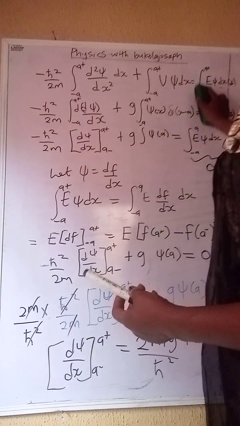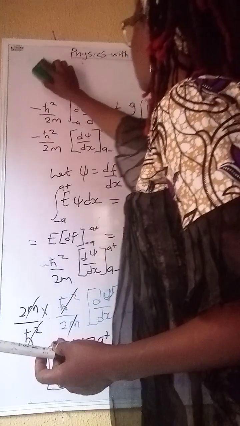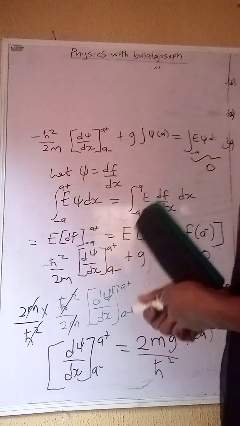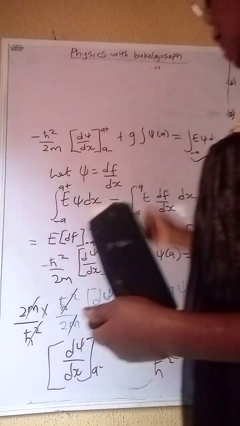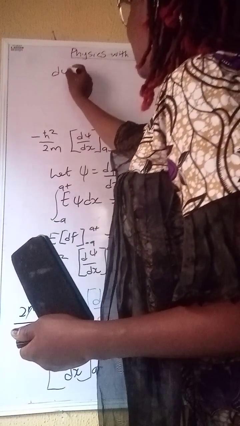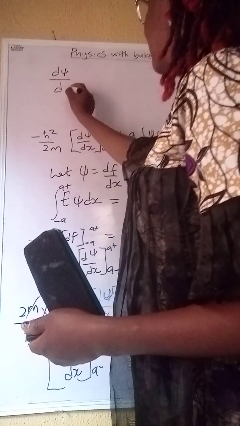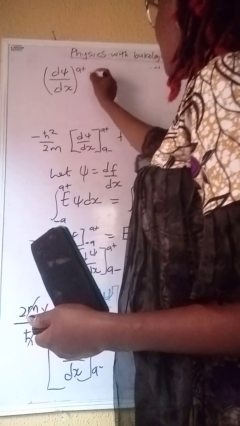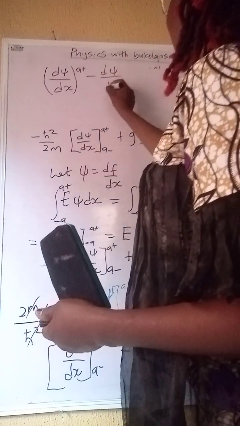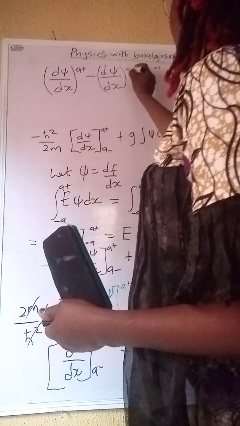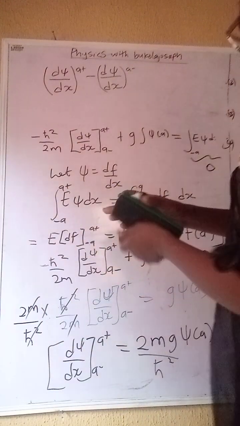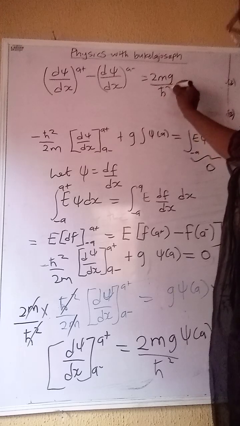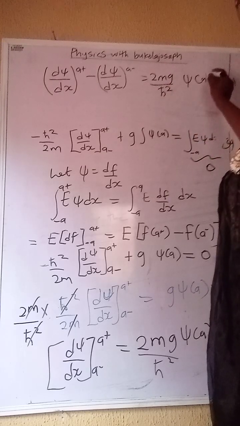So I wipe the upper part, and this is going to be equal to d psi dx of a plus minus d psi dx of a minus is equal to 2mg all over h cross squared psi of a.